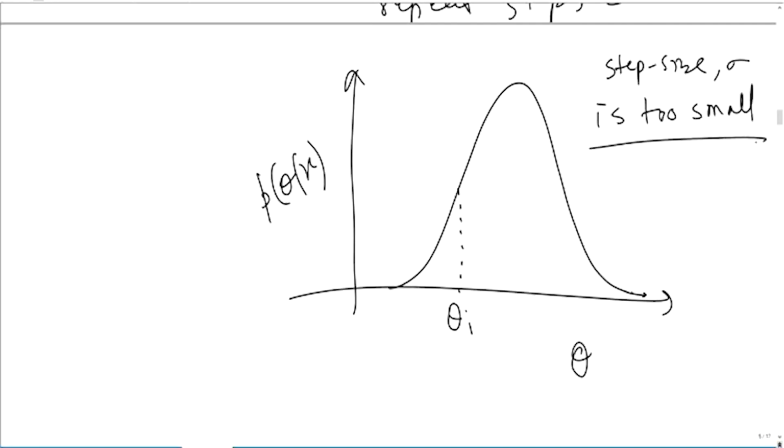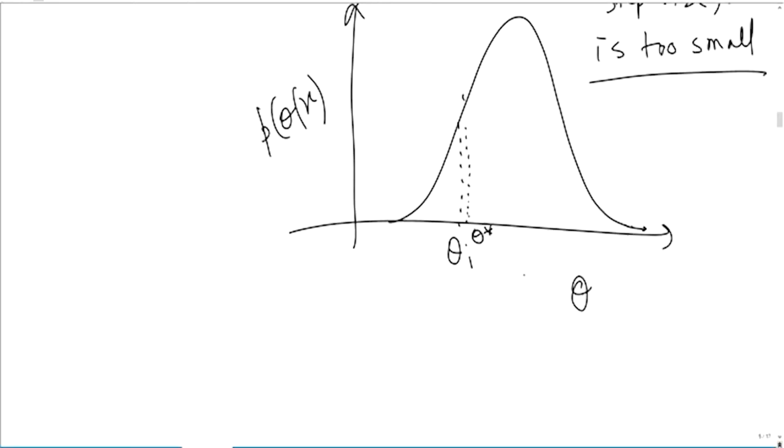Let's see what would happen. You would generate a new proposal, theta star, which is very close to your current state. Should we accept theta star or not? h will be greater than 1, so we will accept theta star.